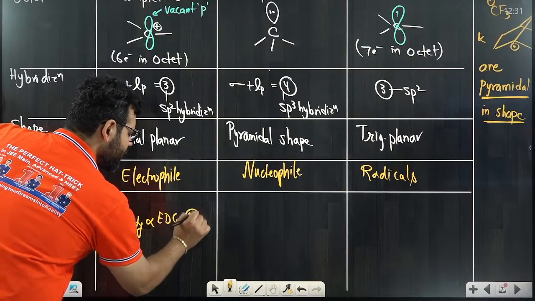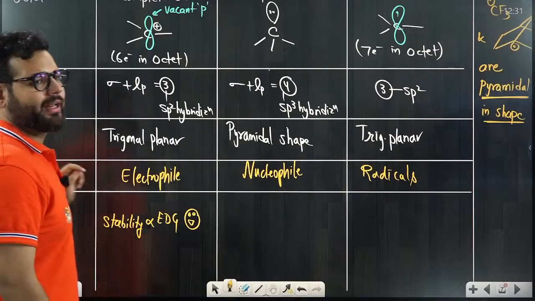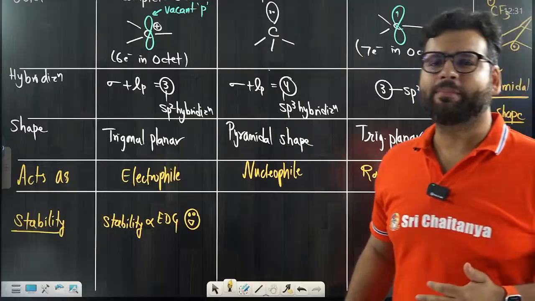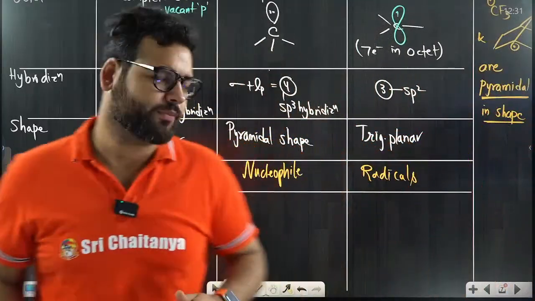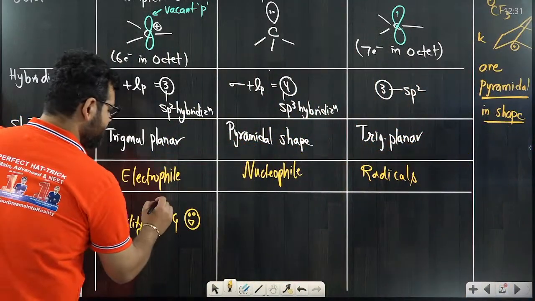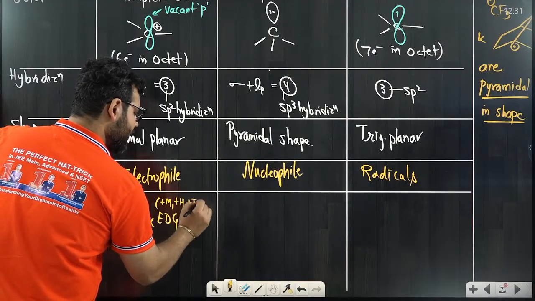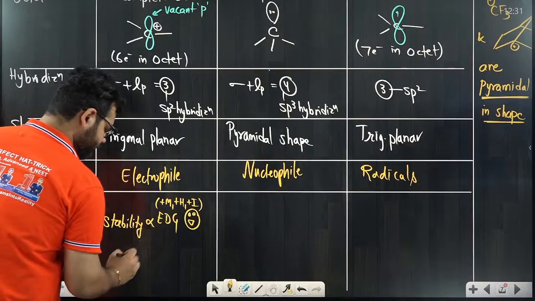They are very happy if they are attached to an electron donating group. EDG means electron donating groups. We call them plus M, plus I, plus H groups. In the next class, I'll show you.